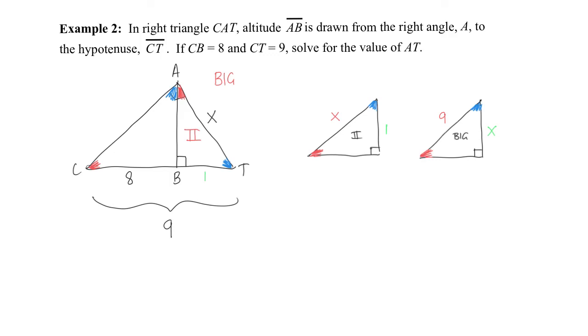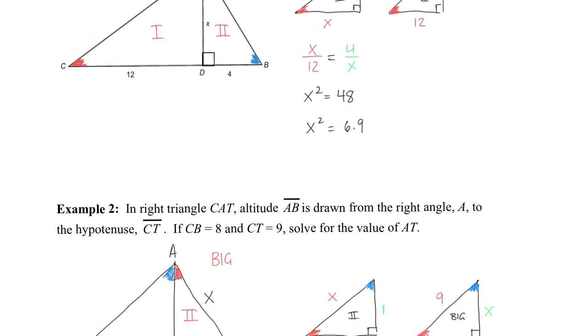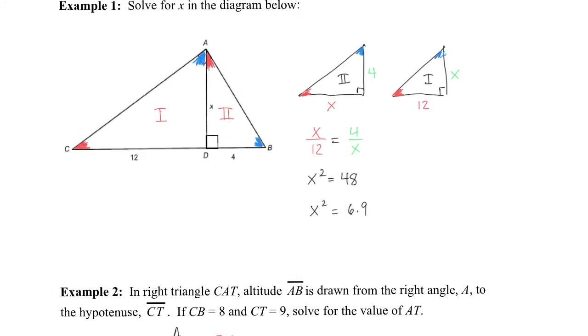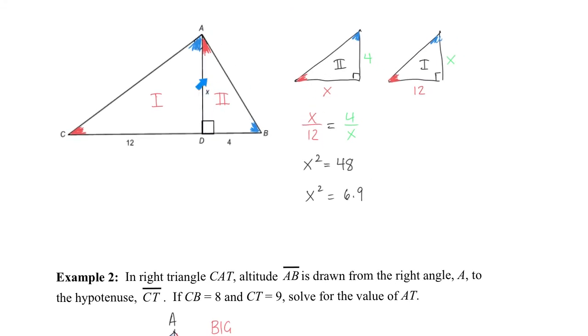And now I just have to do a proportion. x over 9 equals 1 over x. Now I want to show you something. If you noticed, in this diagram, x was the shared side. It's not always. Sometimes the shared side will be a regular number.